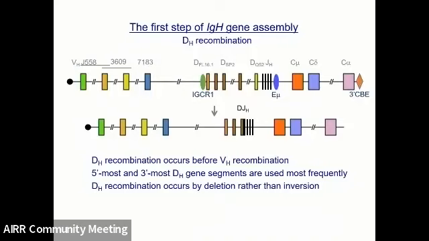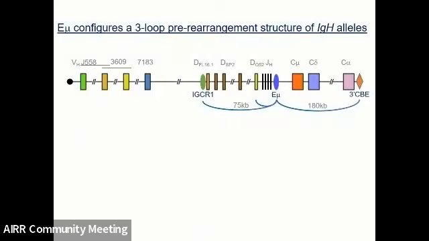So we, several years ago, showed that the enhancer, the Emu enhancer located over there, configures what I will refer to as a 3-loop pre-rearrangement structure of the IGH locus. That's because the enhancer interacts with the intergenic control region 1, which is about 70 kilobases away.